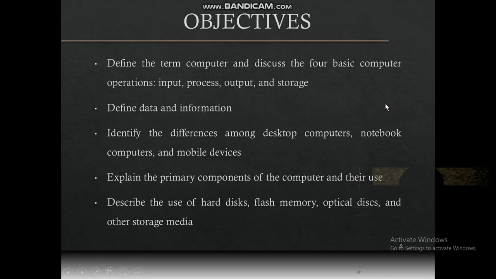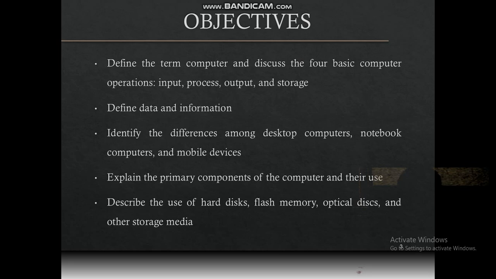The objective of this course, before the end of the course, is to define what computer is all about, to define data and information as well, and also to define the difference among desktop computers, notebook computers, and mobile devices.